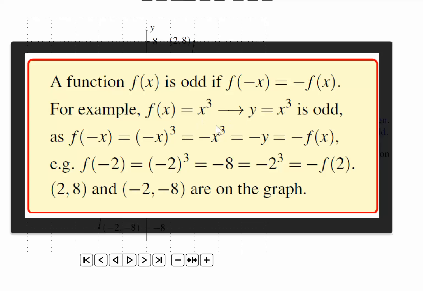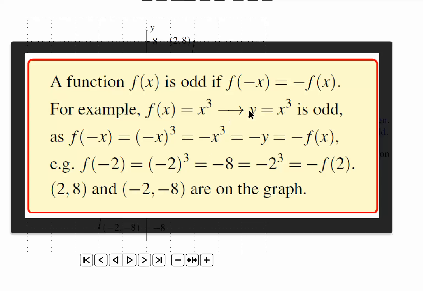Basically, here it tells us that if you replace x with negative x, then this x needs to be replaced by negative x. Cube it, so 3 negatives, you get negative. And then that will be negative x cubed.